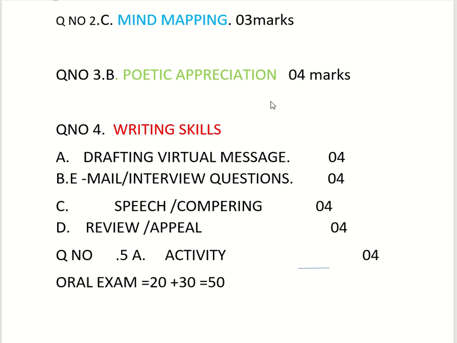Choice is yours. Then friends, question number fifth is such a question where students never read, never pay attention, and they score very few marks. But I will suggest that this is the only section where you need to read a few answers, mug up a few answers. Question number fifth A is based on activity.